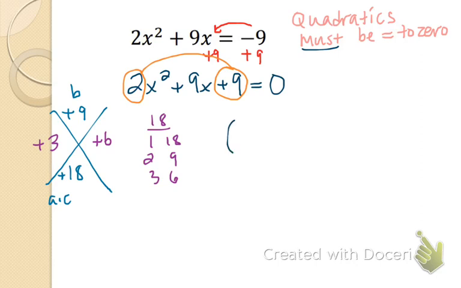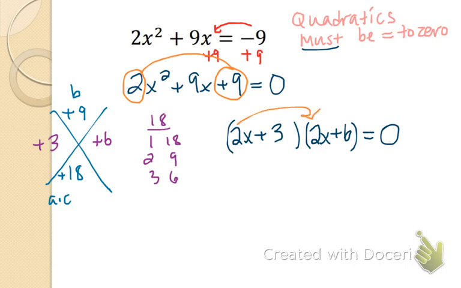So we set up our binomials, and because the equation is equal to 0, the binomials have to be equal to 0. Since we have a leading coefficient of 2, both of these binomials have to have a leading coefficient of 2. So here we have a plus 3 and a plus 6. So again, if you stop and think for just a moment, 2 times 2 does not give you 2.